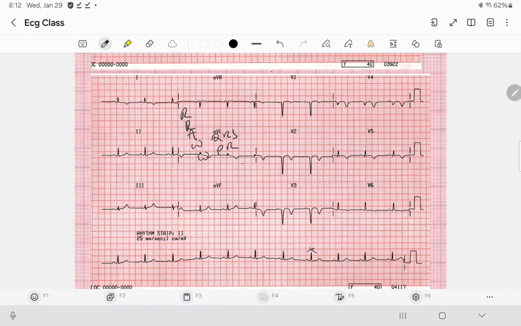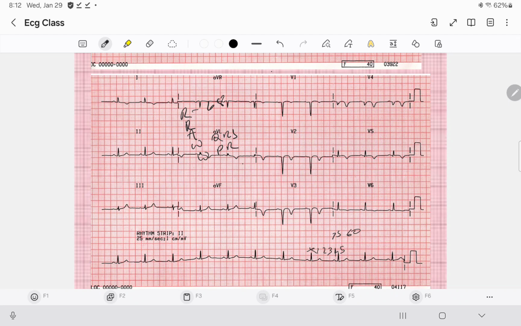So 1, 2, 3, 4, and a little bit. This would make 5. So it's between 4 and 5, right? So that means it would be between 75 and 60 beats per minute. It's a little closer to 70. Well, maybe it's almost right in the middle. So let's say it's about, I don't know, 68 beats per minute, right? So that's okay. It's between 60 and 100, right?